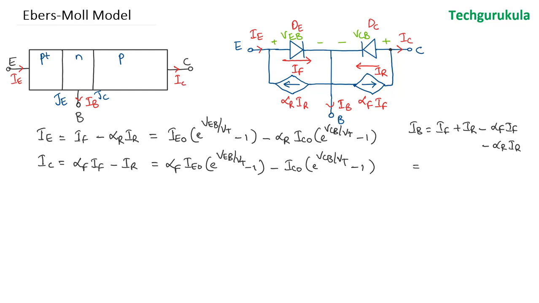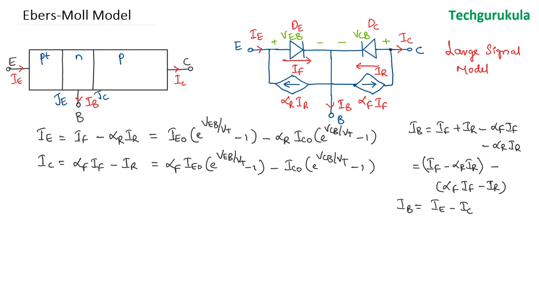So if we segregate this, we get IF minus alpha R IR minus alpha F IF minus IR, which is equal to IE minus IC. As I mentioned, this is a large signal model. Let me put this down here. In fact, it is valid in all modes of operations.